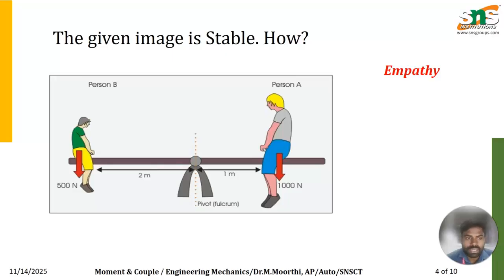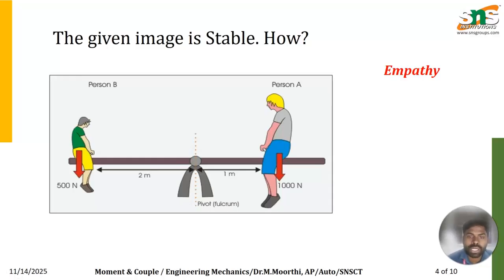So 500 Newton multiplied by 2 gives 1000 Newton meter. On the right side, we have 1000 times 1, so it is 1000 Newton meter. Either side we have the same moment, so this given system is stable.